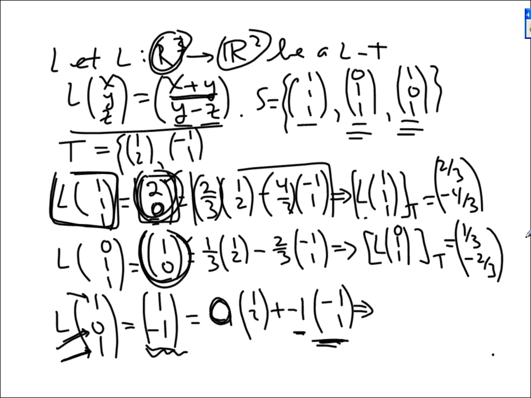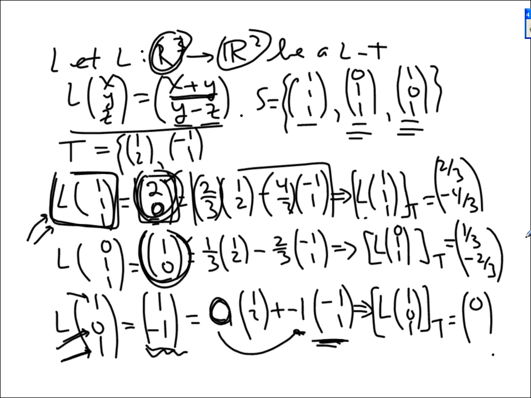So really, all I had to do was rigorously do only one of these. I had to find L of 1, 1, 1. The other two kind of came for free. So L of 1, 0, 1, the coordinates of that with respect to t is 0, negative 1.